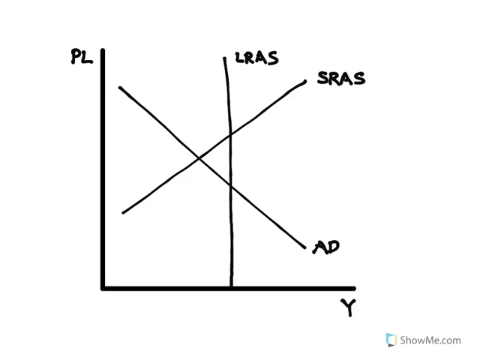So I'll use blue here to illustrate this. YF is full employment. That's the black ascending line. That's where we want to be. But where we are right now is right here at Y1. So this is the recessionary gap.